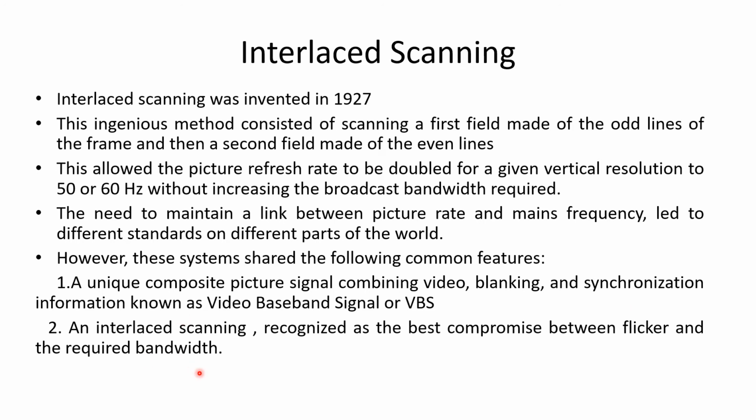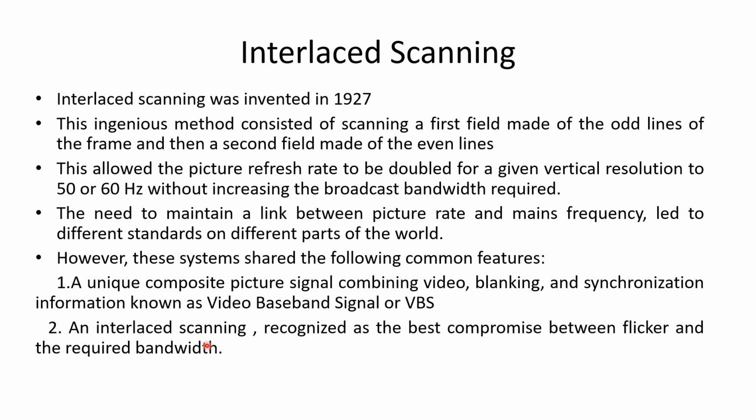Why are we saying required bandwidth? Because in interlaced scanning there is a saving on bandwidth. That is, we send only one half of the complete frame at once. In the case of progressive scanning, at a time we have to send the complete frame.